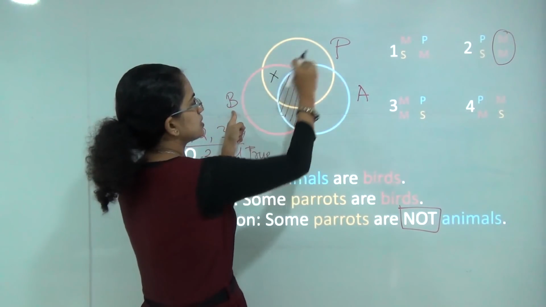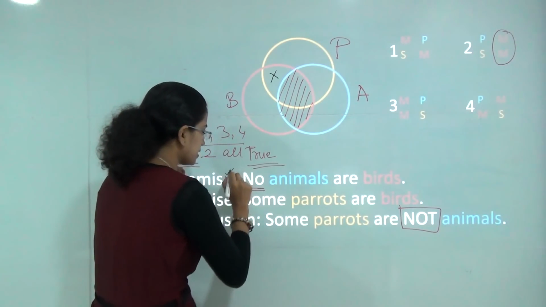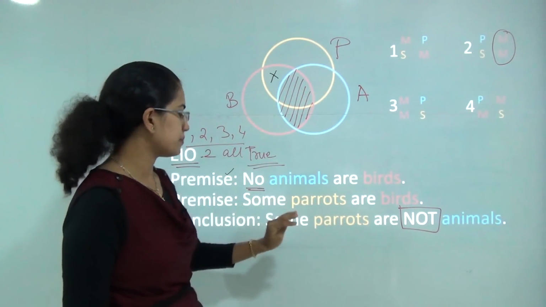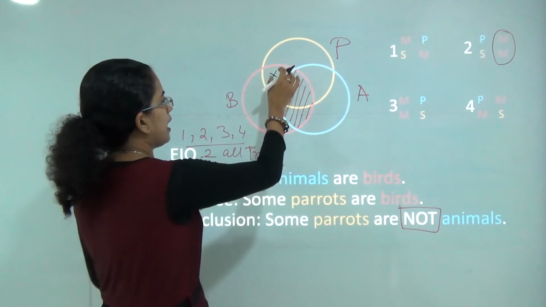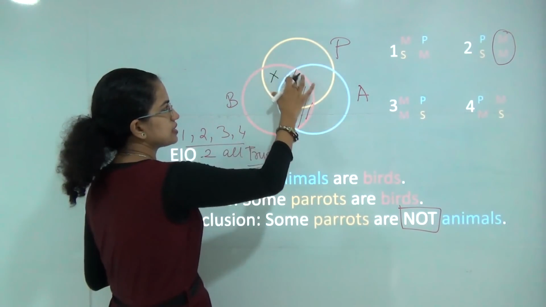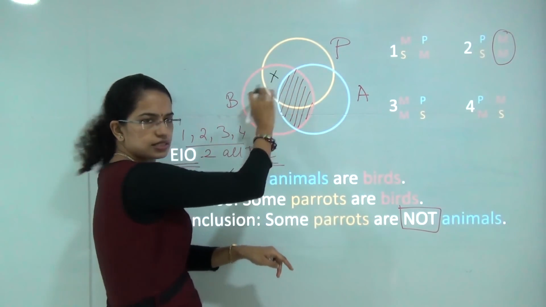So between birds and parrots, I have removed the universal fact, that is the premise 1. So this region is excluded, that does not exist in my Venn diagram anymore. Now the only region that intersects between bird and parrot is this region.